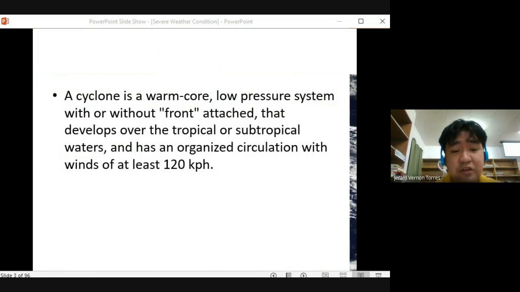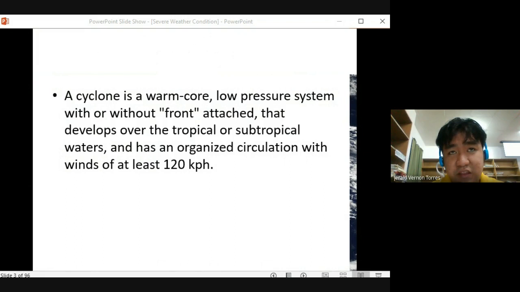Later on makikita niyo anong ibig sabihin na meron siyang warm core. Actually, it has something to do with the eye of the typhoon or the cyclone or the hurricane. It's a warm core, low pressure system with or without front attached, that develops over tropical or subtropical waters and has an organized circulation with winds of at least 120 kilometers per hour.